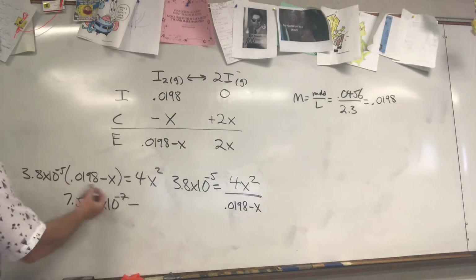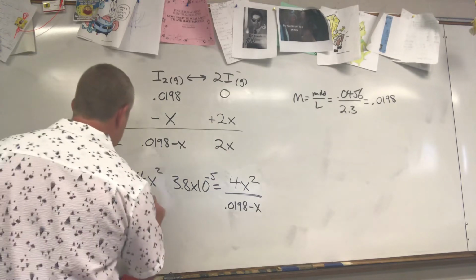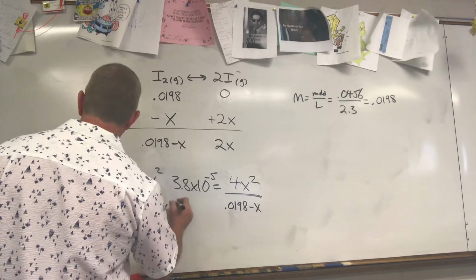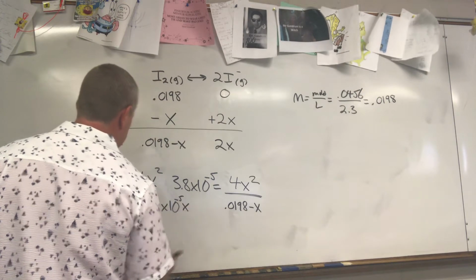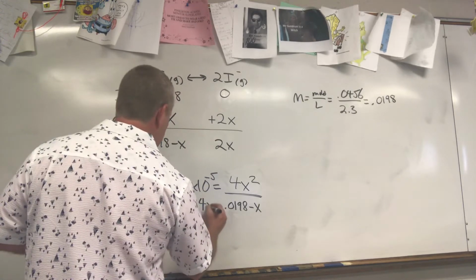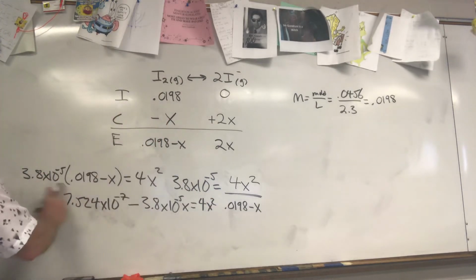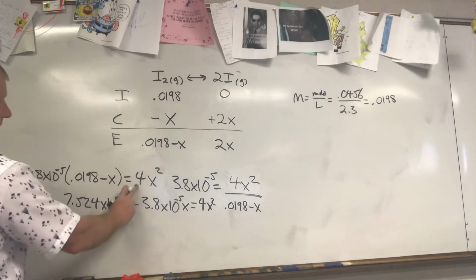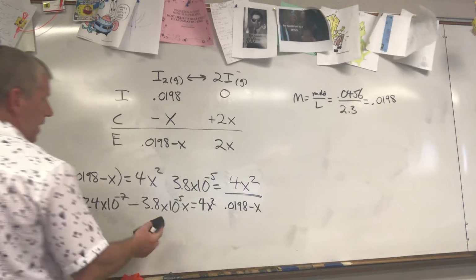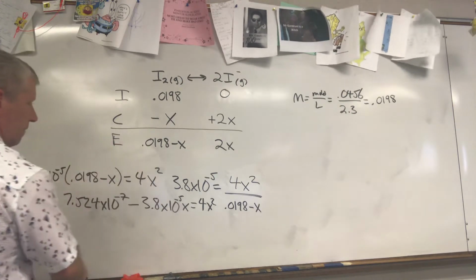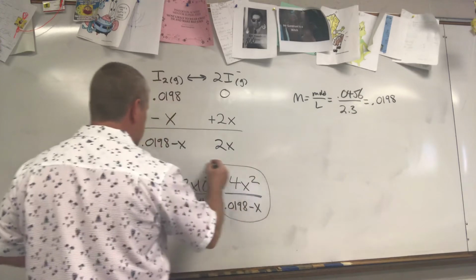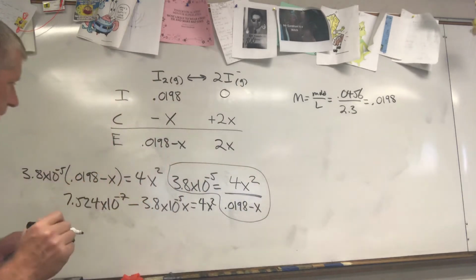Then I'm going to multiply this by that. 3.8 times 10 to the negative 5 x. I distributed that through, got that, and then I have that equal to 4x squared. Actually, I want to keep this over here, so see it.